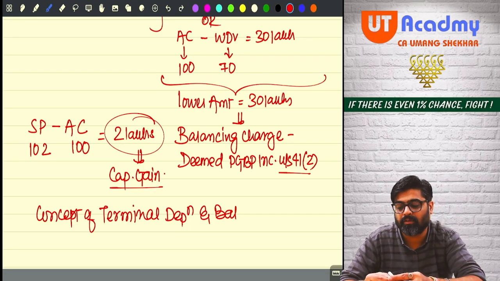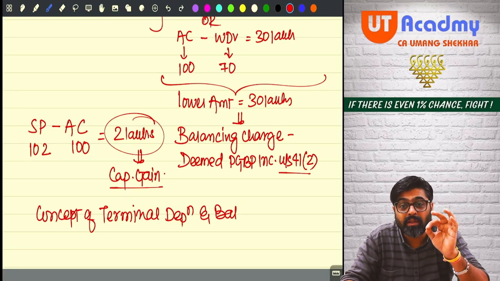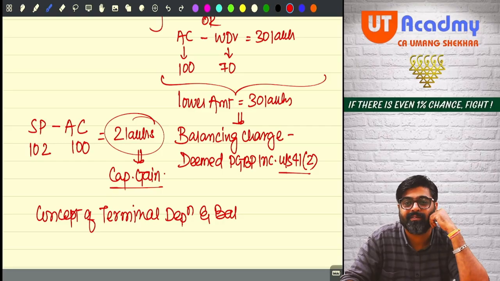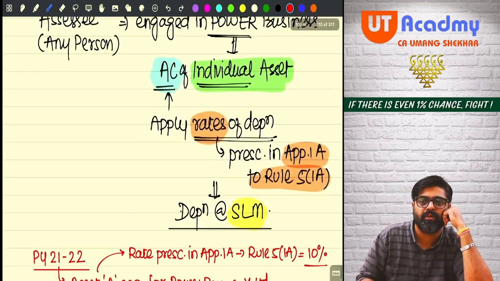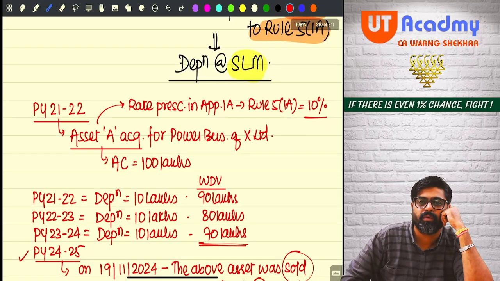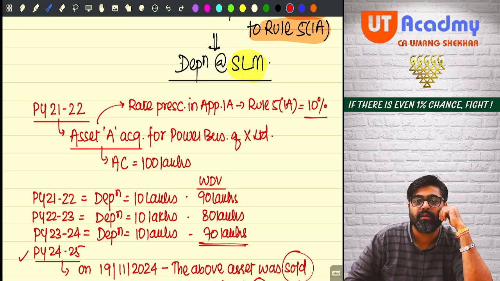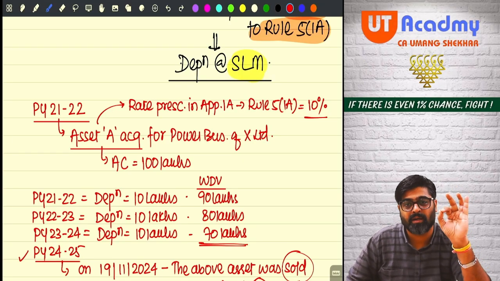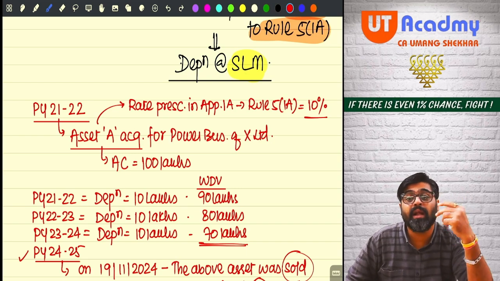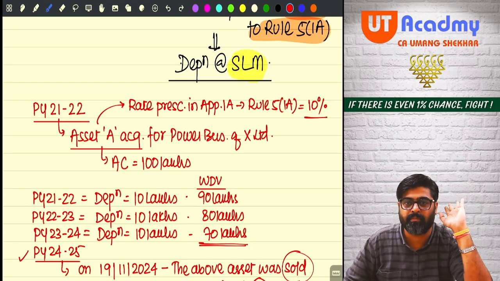Only if the asset is sold in a year other than the year of its acquisition. See, the year of acquisition of the asset was 21-22. Is the asset sold in that same year or any other year? If the asset is sold in any year later than the year of acquisition, only then terminal depreciation and balancing charge will come.